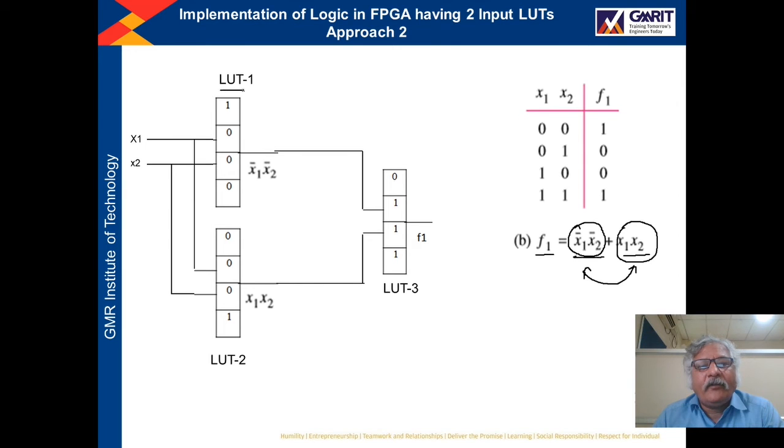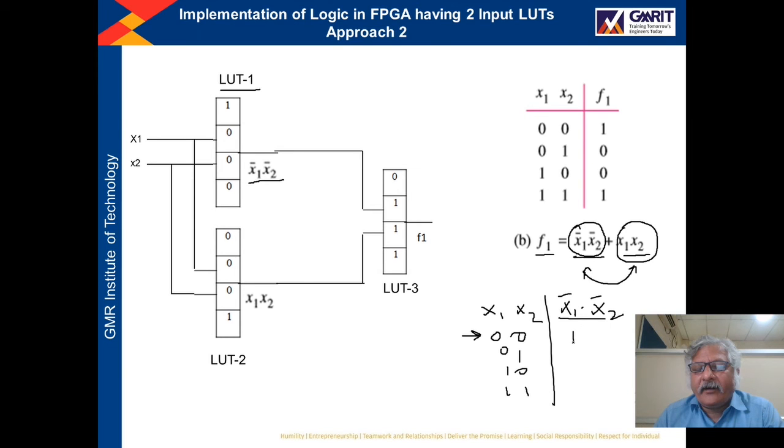So now you see, LUT number 1 is implementing my X1 bar · X2 bar. So now you see X1, X2. If these are the inputs 0 0, 0 1, 1 0, 1 1, then how will my X1 bar · X2 bar be implemented? If X1 is 0 and X2 is 0, then this logic will be 1.